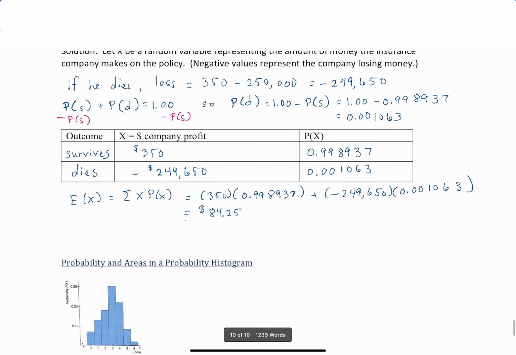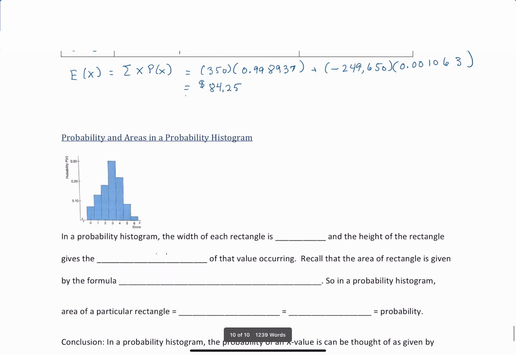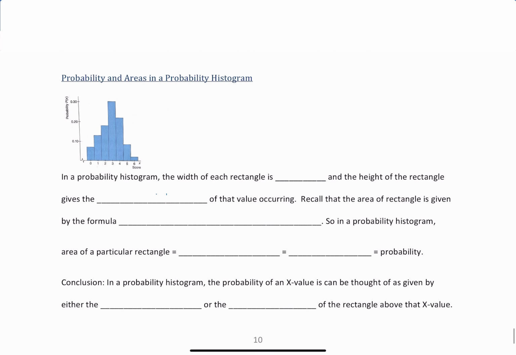The last thing I want to mention is another way of thinking about how you can get the probability out of a probability histogram. In a probability histogram, notice that the width of each rectangle is 1. And the height of the rectangle gives the probability of that value occurring.